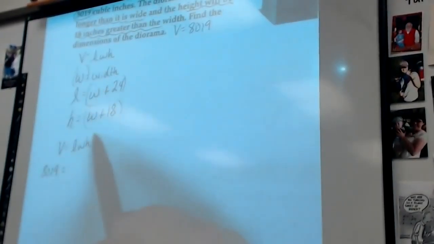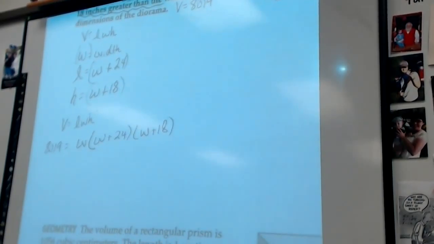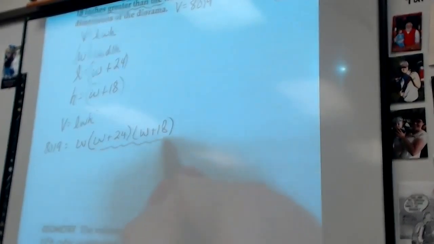These two I really want together. So can I change the order? Do I have to do the length, width, height, or can I do width, height, length? Or it's multiplication, so I can switch it around, right? So I'm going to put the width first, and then put the length and height. Now, what I want to do now is I want to FOIL this.